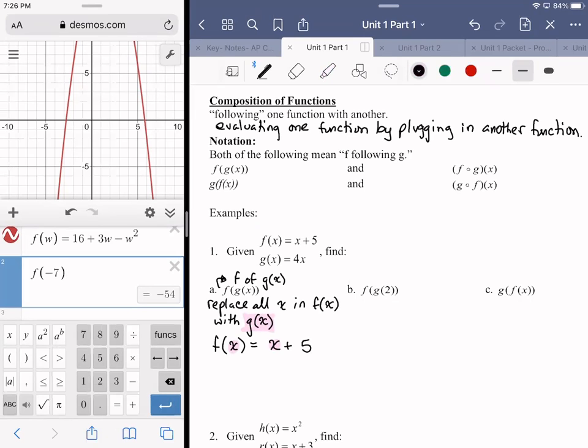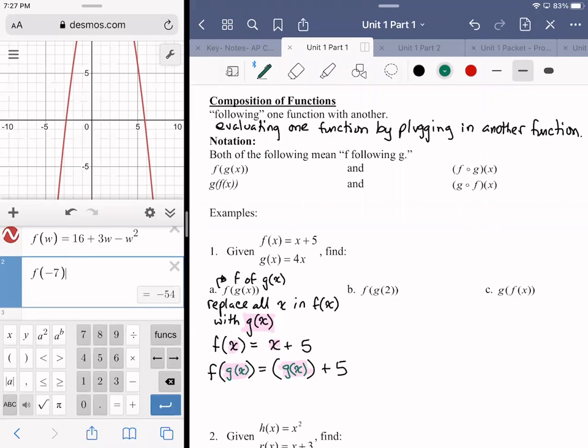All right. So it would become, instead of f of x equals x plus 5, I'm replacing all of those x's with a g of x. A little crazy with the parentheses, but that's the idea. Every x got replaced with just the notation g of x. All right, now we can go the additional step by saying, oh, wait a minute, I know what g of x is equal to.